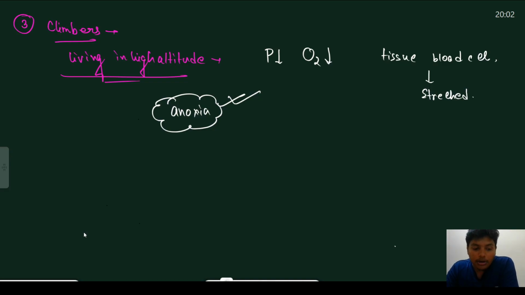Understood? And because of that, they will become mentally unstable or physically unstable, and that is known as anoxia.